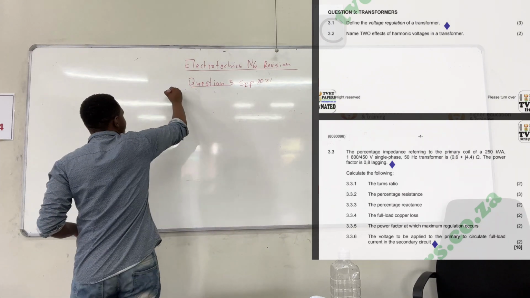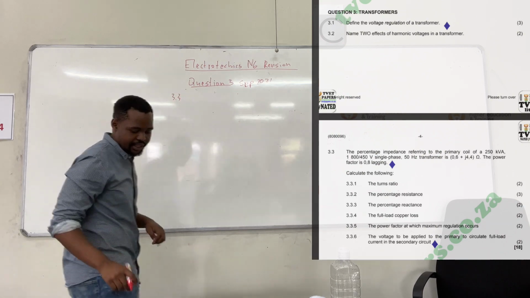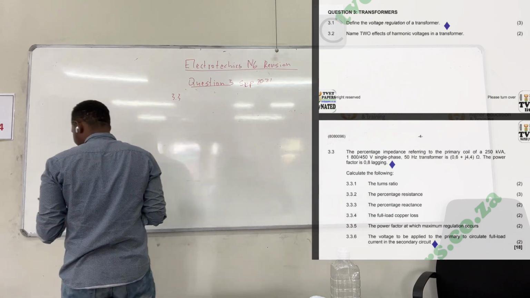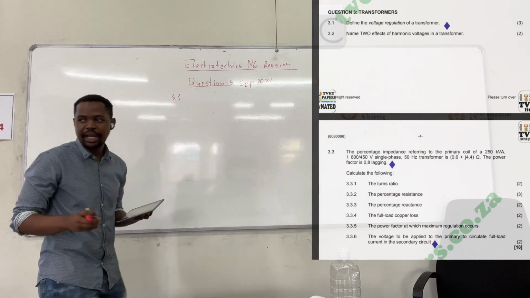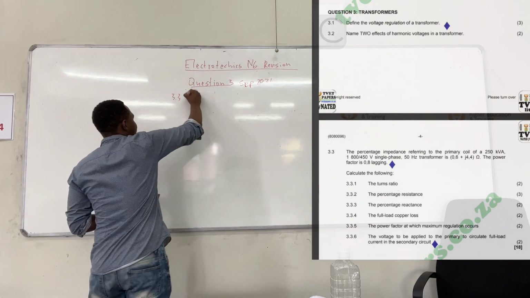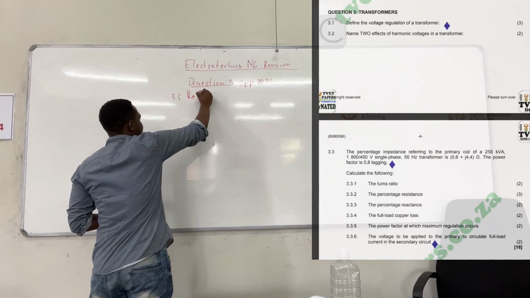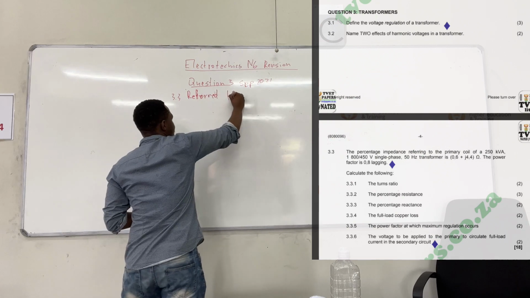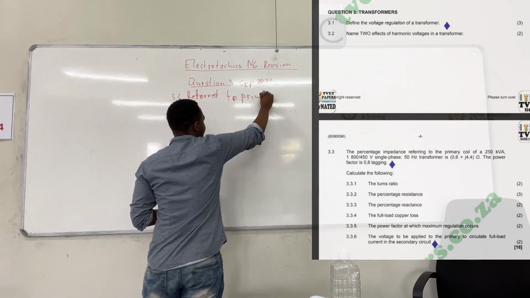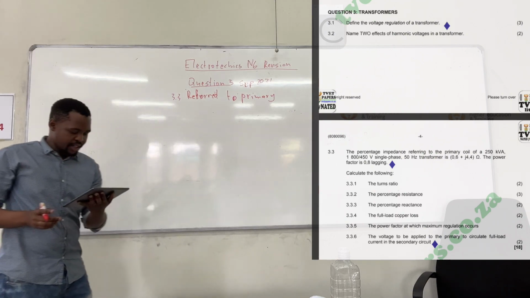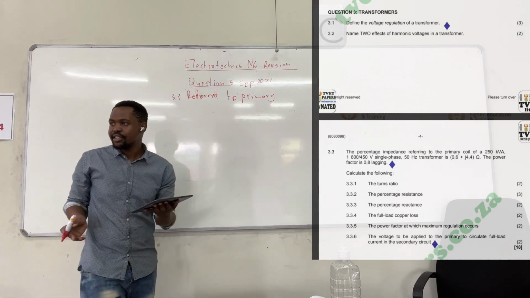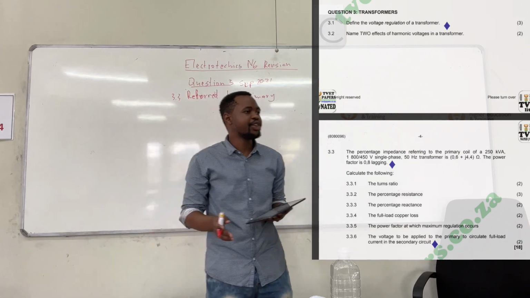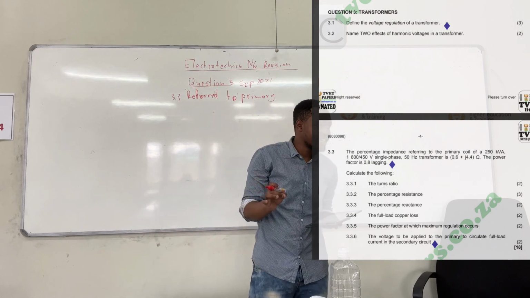So let's look at question 3.3. It says there the percentage impedance referred to the primary, please write this, of a 250 kVA transformer. Guys, that's the rating.